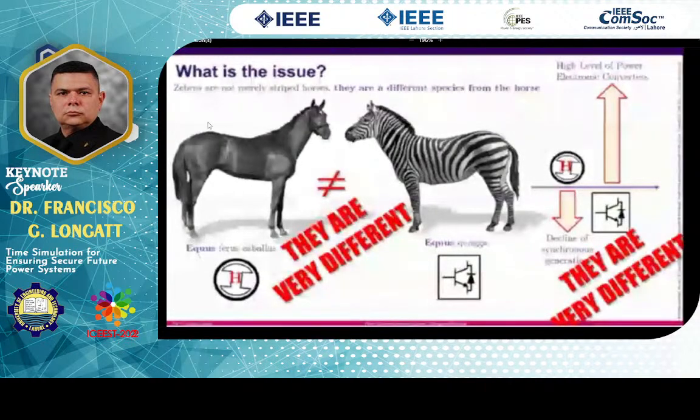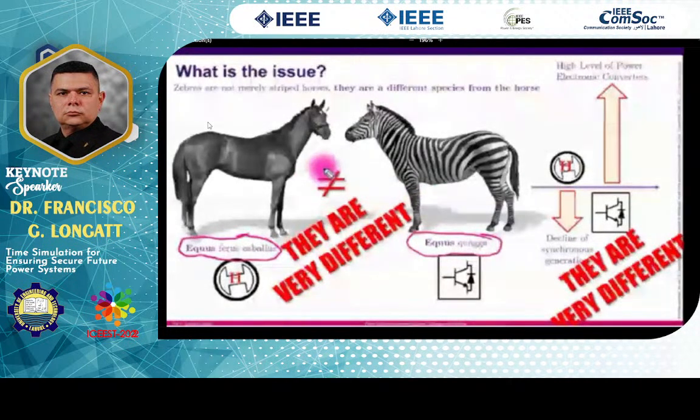I present here two animals. I love those animals. On the left-hand side, you can see this four-leg animal. This is the Equus ferus caballus. That is Latin for horse. And on the right-hand side, you can see the Equus quagga. That is the Latin for zebra.